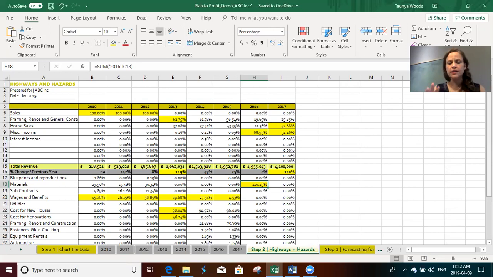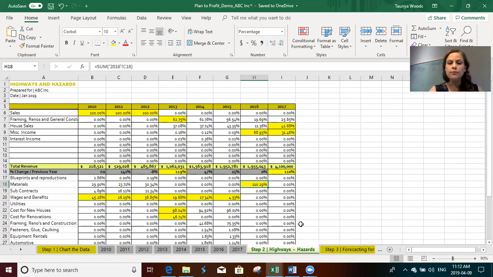So the whole intention of this exercise is to learn from the past. For many of you, this is probably the first time that you've ever seen your numbers side by side like this. It's probably 99.9% the first time that you've seen your numbers converted into percentages as a percentage of your revenue, not change from the previous period, right?